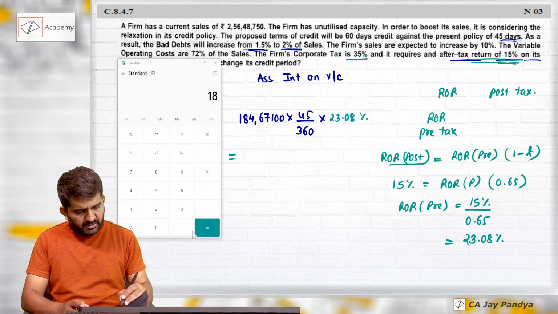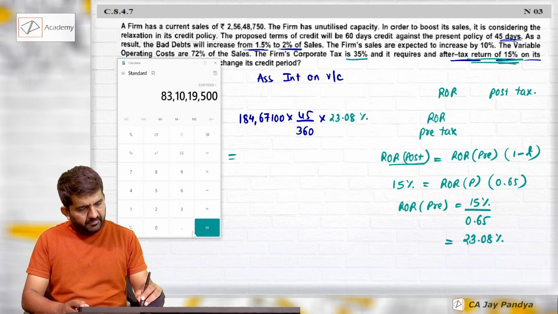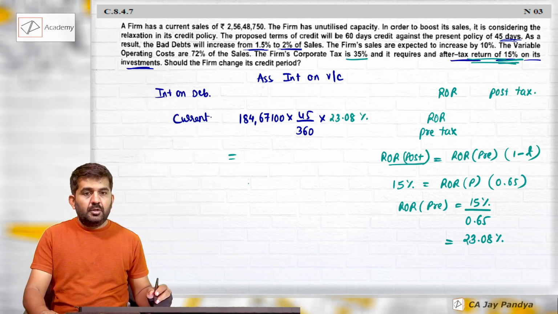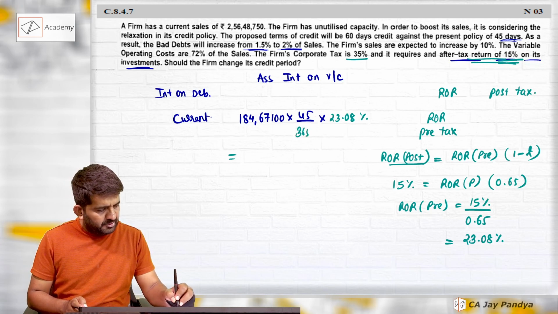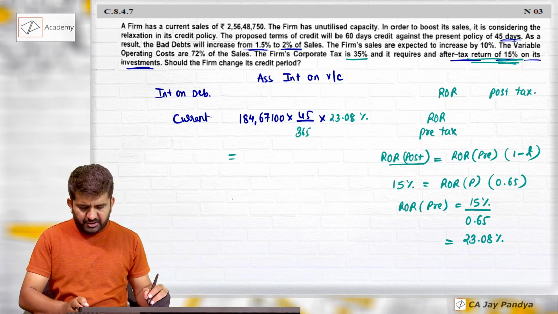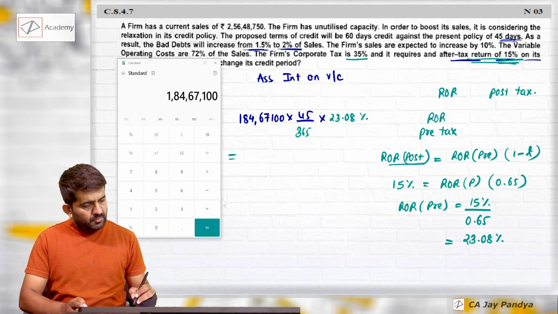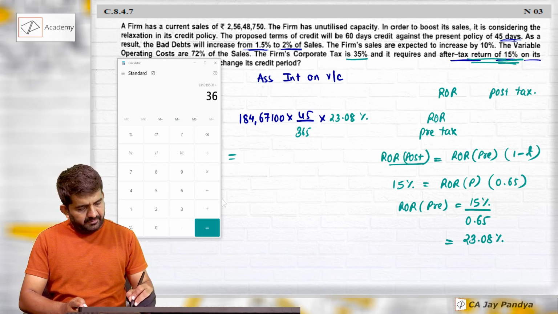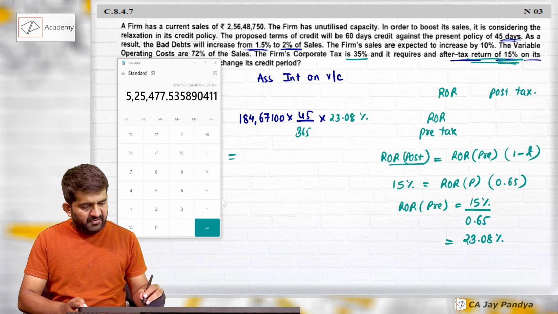Let me find it out. In this case, 1,84,67,100 into 45 divided by, let me make it 365, because I think the answer will be based upon 365, as 360 is not directly given. You may assume even 360, it does not matter. 1,84,67,100 into 45 divided by 365 multiplied by 0.2308 is 5,25,477.